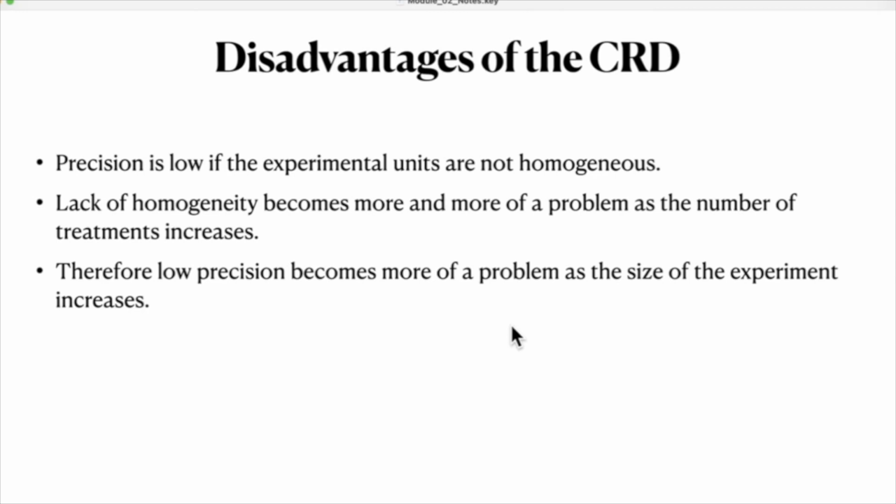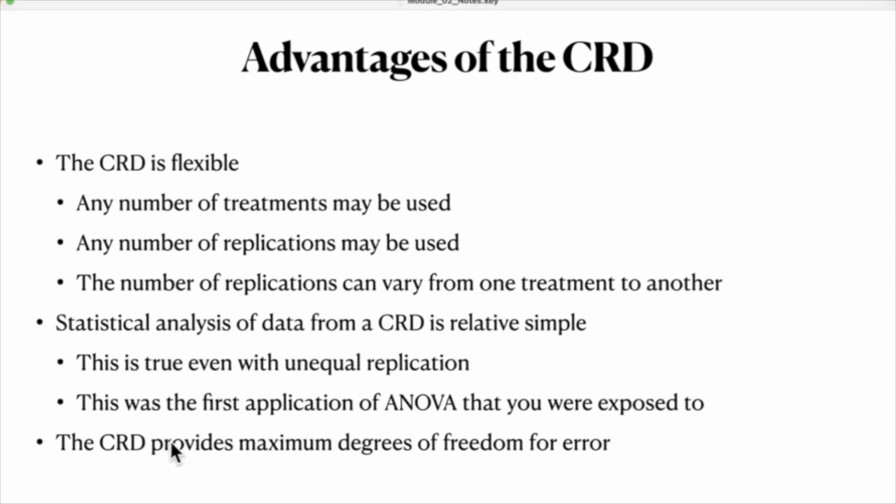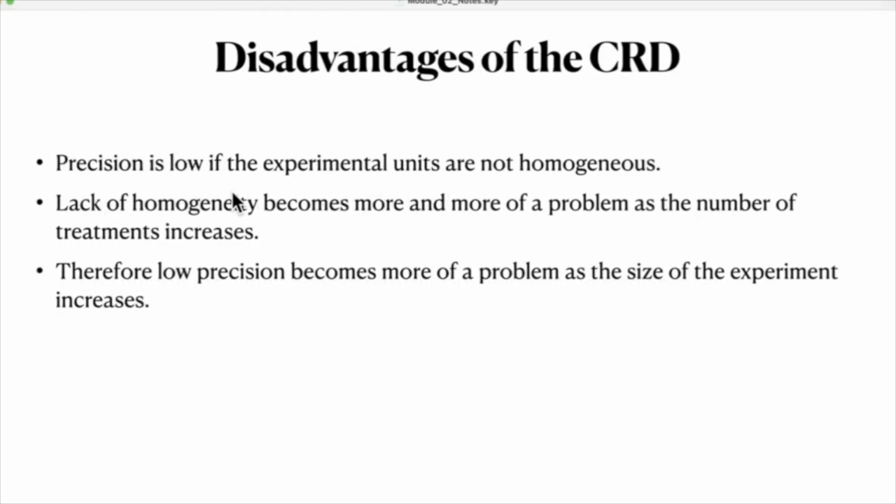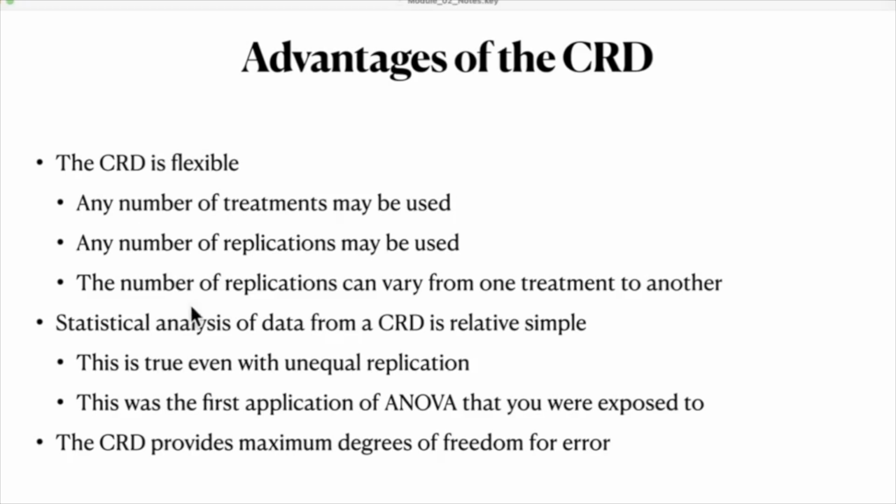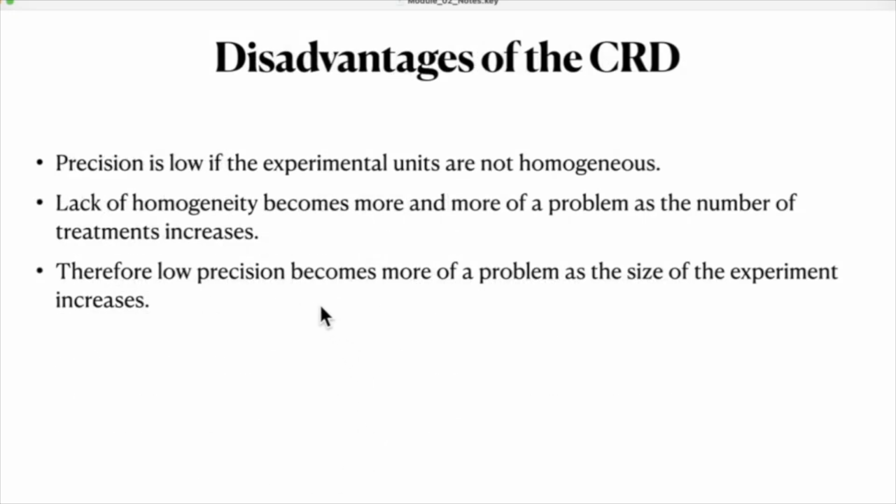And so, even though there might be an advantage to the completely randomized design by virtue of it providing maximum degrees of freedom for error, which again reduces the critical point needed to reject at a given significance level, if the precision is low, that increase in the degrees of freedom that we have here is offset, and sometimes more than offset, by the decrease in precision. So this is one of the disadvantages of the completely randomized design. If your experimental units are not homogeneous, then the precision of the experiment can be low.